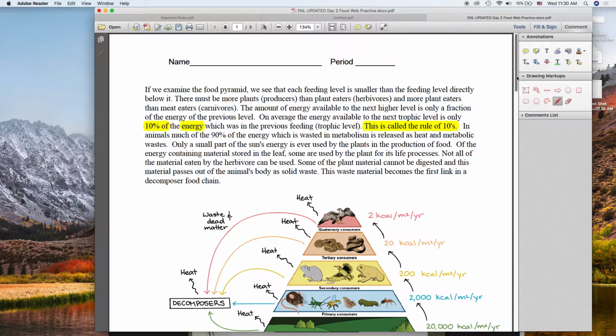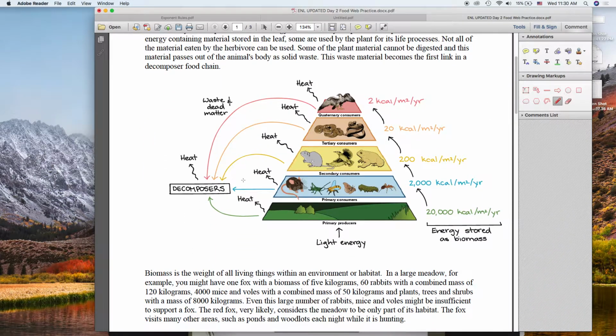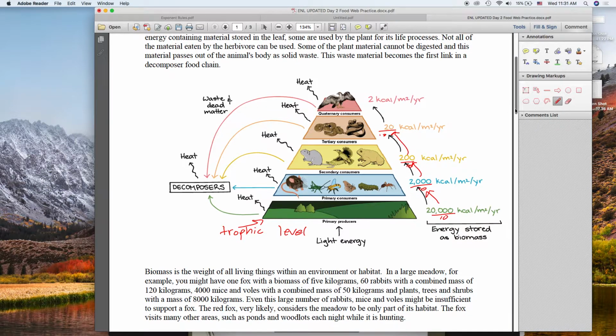Let's look. As we go from one level, see the little boxes here? This is called a trophic level. We have the most energy here. And then each time we go up, we are dividing by 10. All right, that's what the rule of tens is.